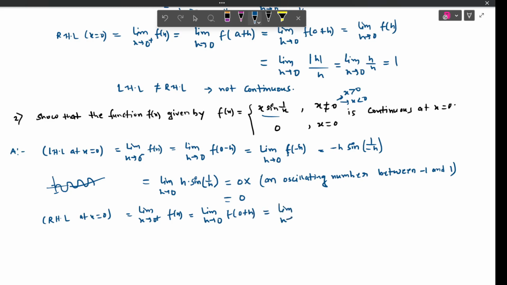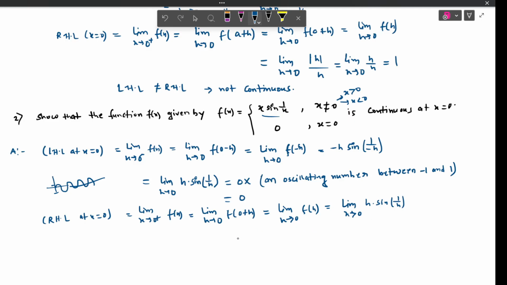It would be limit h tends to 0 f of h. So it would be limit h tends to 0 h sine of 1 by h. You have to take this function for x greater than 0 also.